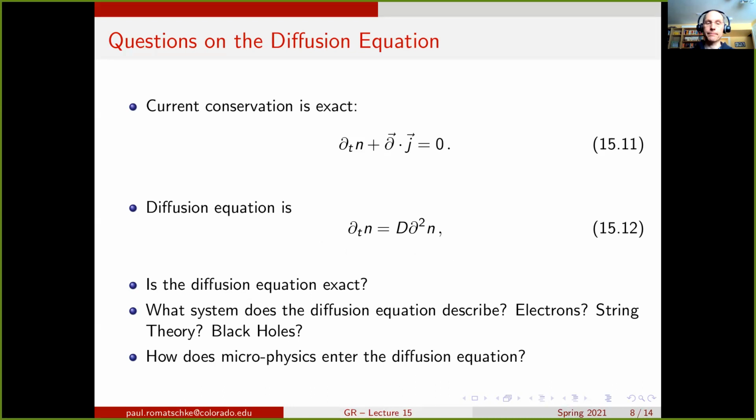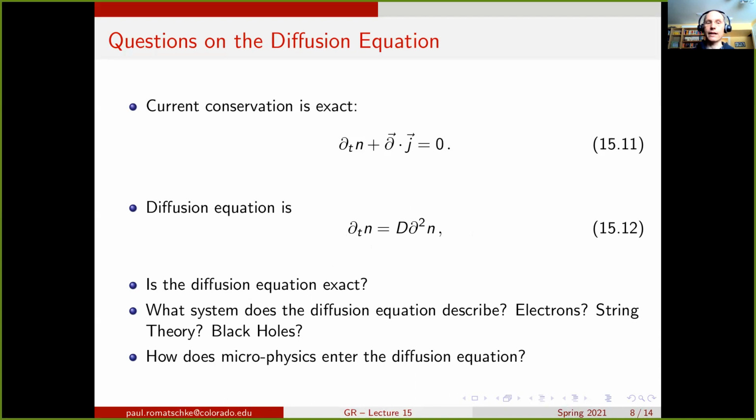However, clearly, the diffusion of electrons will in general be very, very different from the diffusion that's occurring on a charged black hole or the diffusion that is occurring for charged strings. So the diffusion equation somehow should give us a sensible answer for the system that we want to consider.